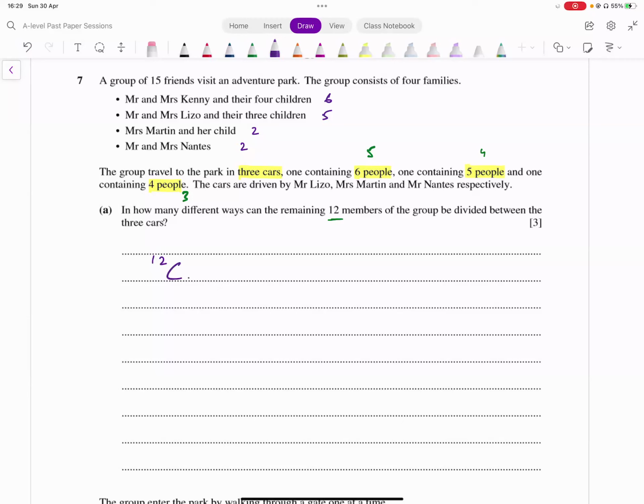So that's 12C5. Now you've already selected 5 people. Out of those 12, the ones you placed in the first car, how many people are we left with? You're left with 7 people. Out of those 7 people, you have to place 4 in the next car. All right, so that's 7C4.